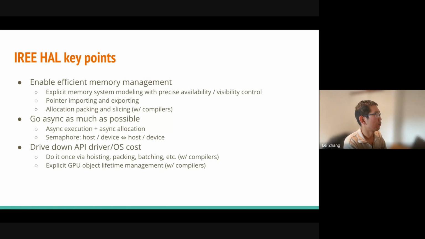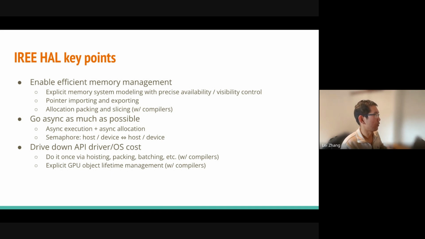And in order to make IREE play nicely with other systems, we have pointer importing and exporting for exchanging buffers without copy, zero-copy, to support pre-processing in other applications or layers and post-processing stuff like that.